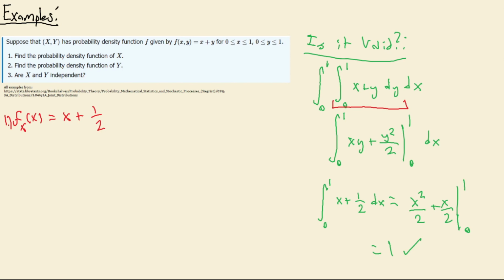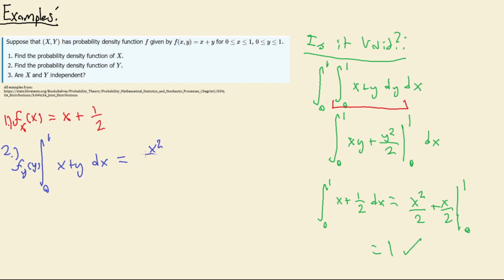So now let's try the marginal probability density function for y. This is given by integrating over all possible values of x, and so this goes from 0 to 1 as well. We have x plus y with respect to x, which gives us the marginal probability density function for y. And what do we get here?